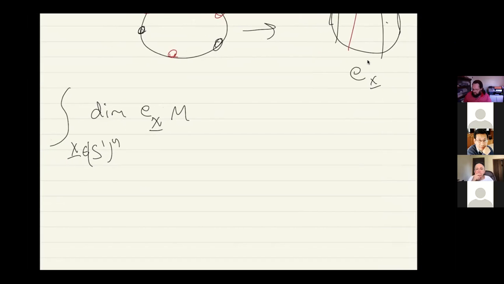I proved, building on some work of Rina's, that this function gives me a real variation of stability conditions. So stability conditions on what? On the category of, well, you could either say coherent sheaves or representations of this algebra.